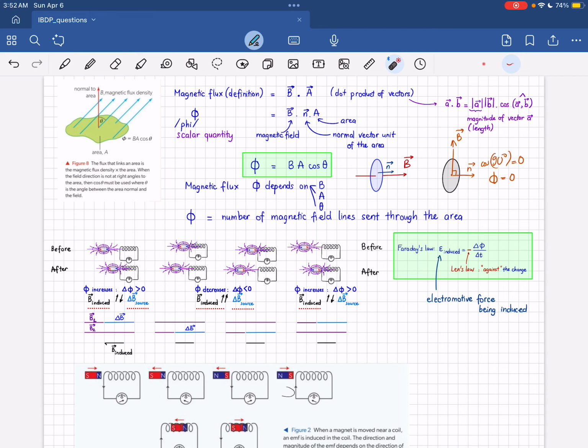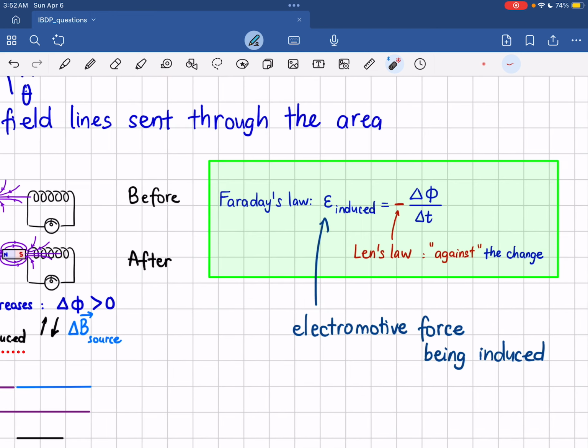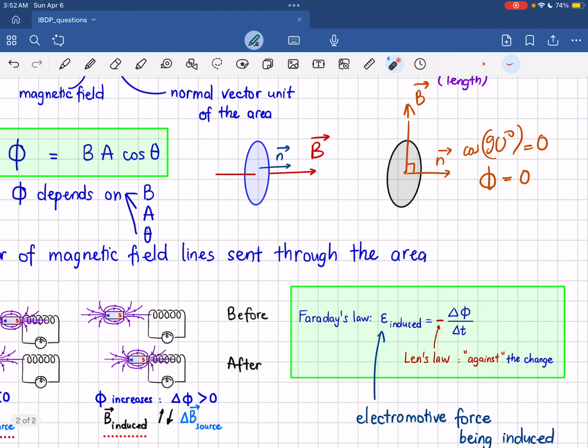And then with induction, the phenomenon can be explained and studied through Faraday's law and Lenz's law. So this is the heart of induction. When the surface area is rotating, or if the magnetic field changes its direction, there will be a change in the flux.